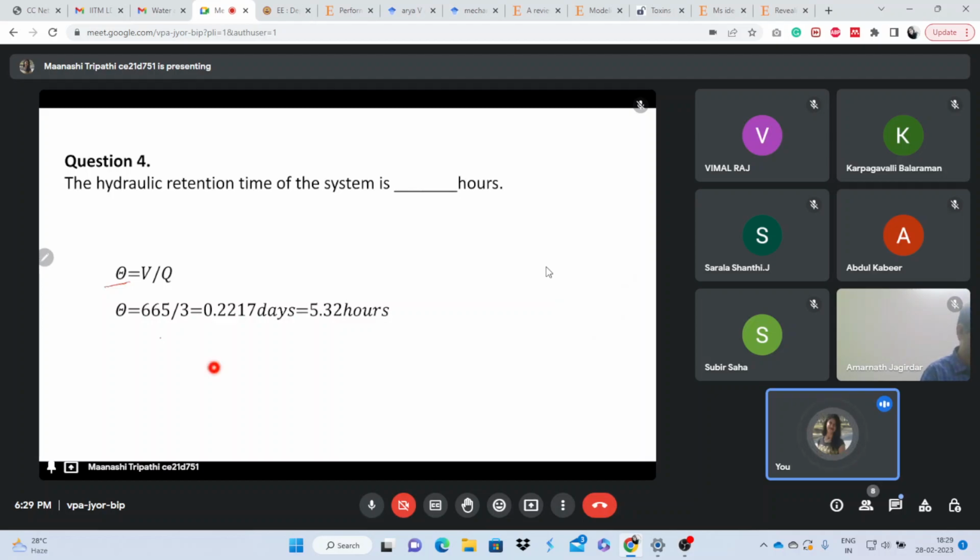Volume is 500 meter cube, right? And this is 3 MLD. So we can say 3 million liters, so 3 into 10 raised to power 3 meter cube per day. I think this will be the solution.